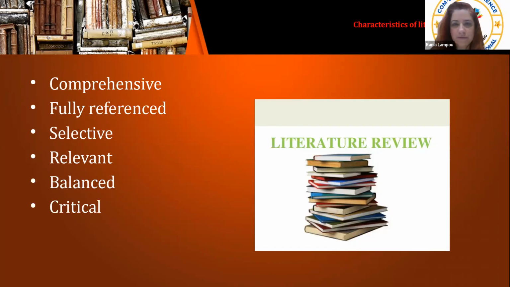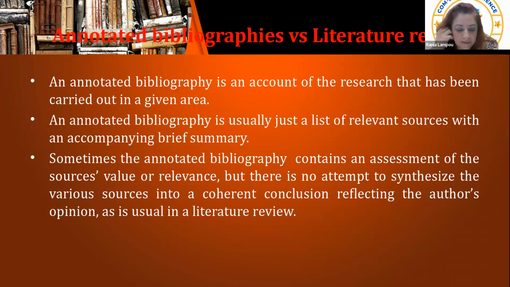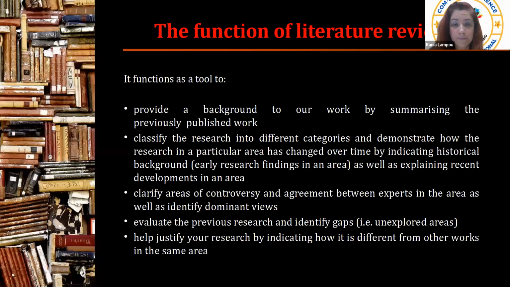I guess you know the difference between the annotated bibliography and the literature review. The annotated bibliography is just a list of sources, and sometimes may contain an assessment of the source's value, but there is no effort to synthesize the sources into a coherent conclusion.